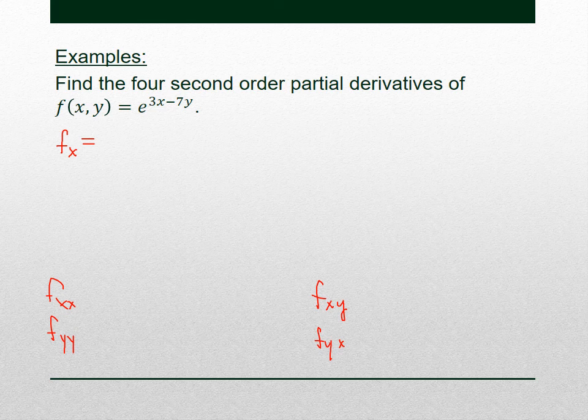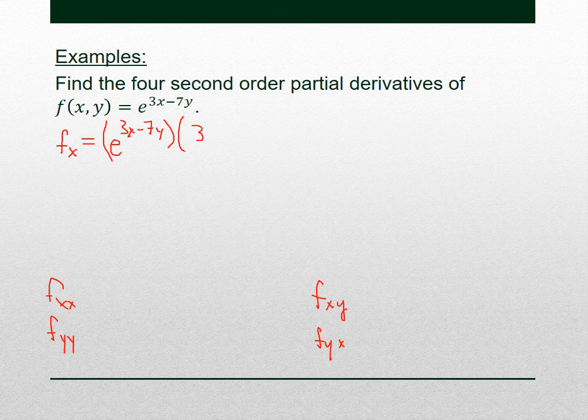So we need to find the partial derivative with respect to x, and then we'll find the partial derivative with respect to y. So for the partial derivative with respect to x of this guy, here we have a composition of functions. We're going to need to use the chain rule. Right? So for e to the whatever, how do you find the derivative? Well, you copy down what you're looking at and multiply by the derivative of the exponent. And so in this case, we copy down the e to the stuff, and then we multiply by the partial derivative of 3x minus 7y.